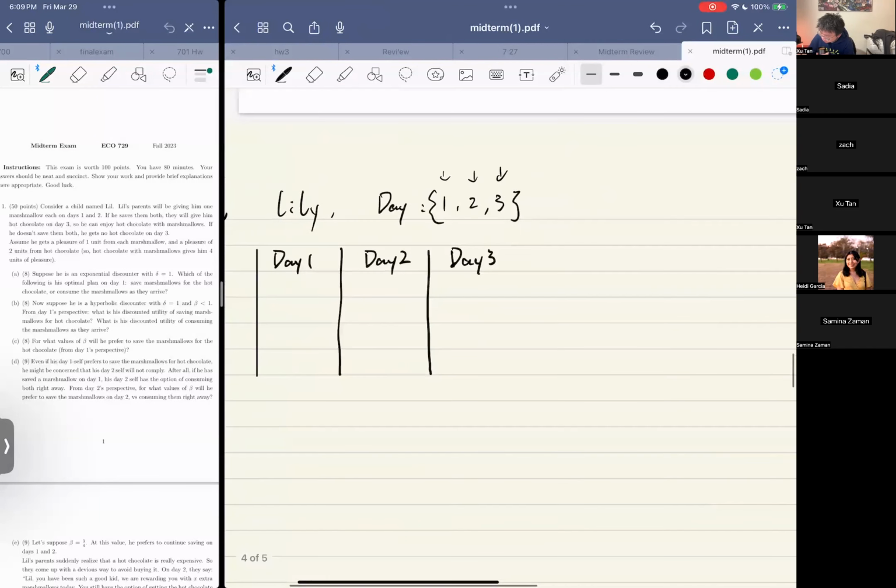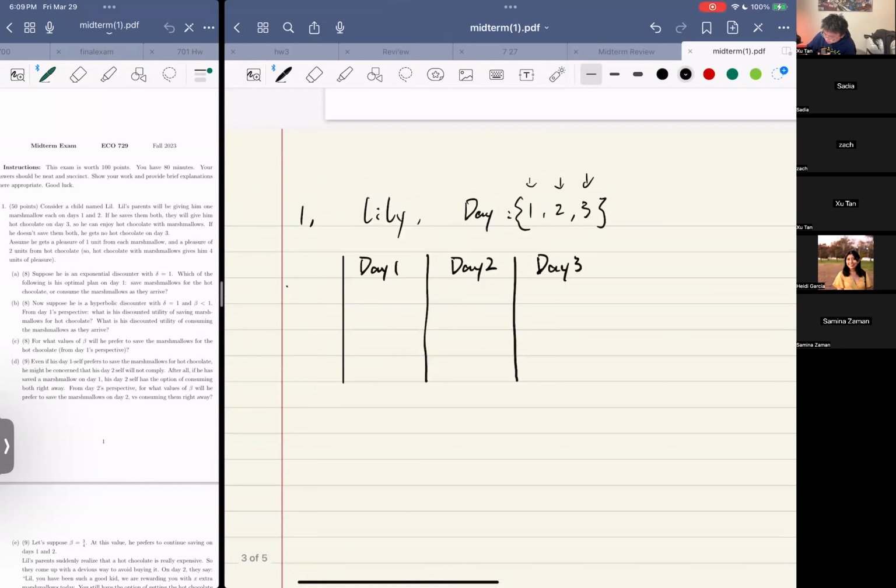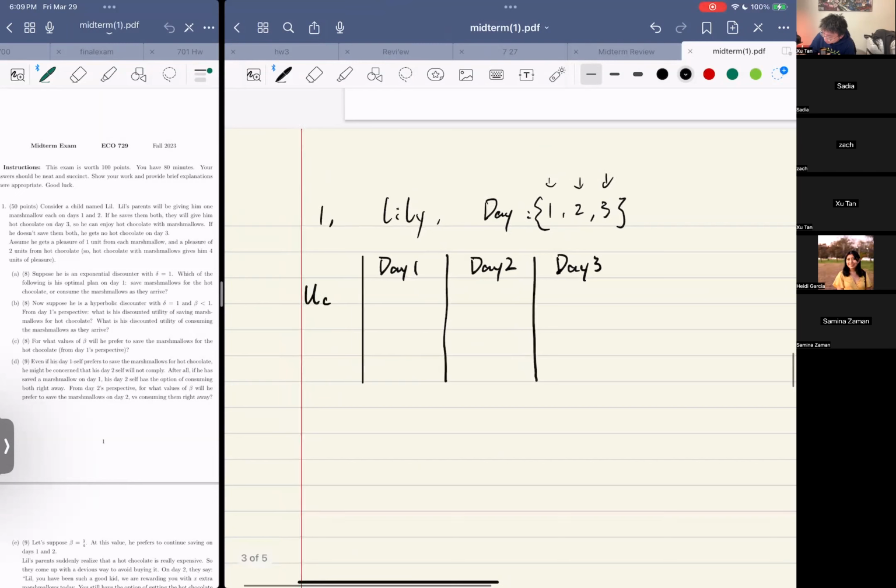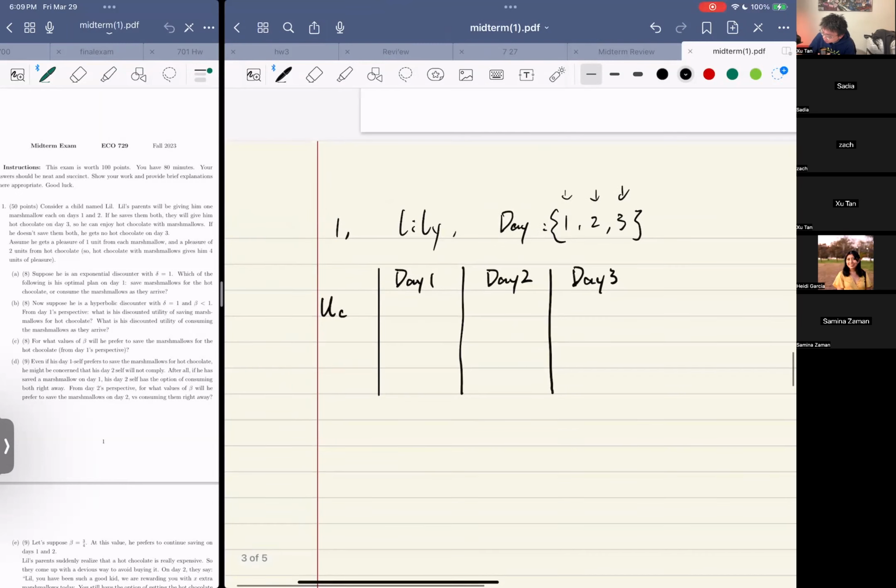So, utility of consuming. If Lily consumes the marshmallow on day 1 and day 2, what will her utility be? It would be day 1 when she obtained the marshmallow, and day 2 when she obtained the marshmallow, and day 3 she gets nothing.